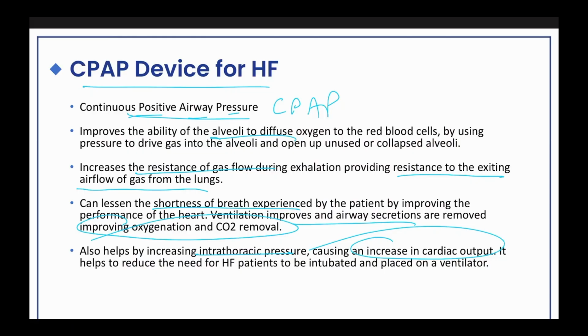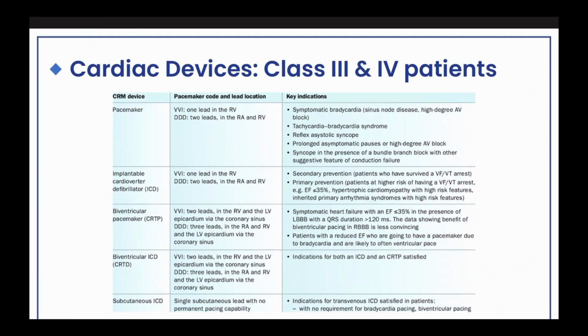So it helps reduce the need for heart failure patients to be intubated or placed on a ventilator. So if you just put them on a CPAP, they can take it on and off. Some people, your grandparents probably have one. They sleep with that at night or whatever. You can take it on and off. Same thing with the heart failure patients. It helps them with that. Other devices for class 3 and 4. Here's your pacemaker, defibrillator.